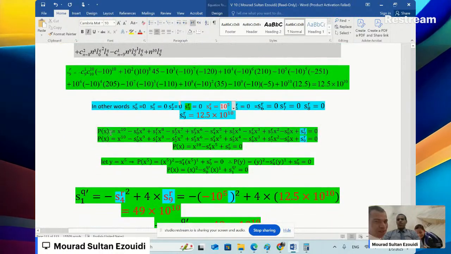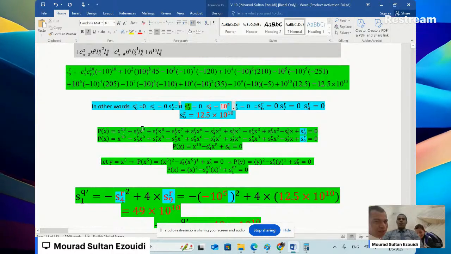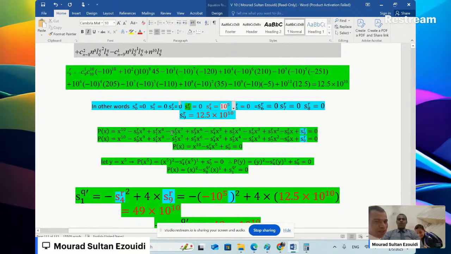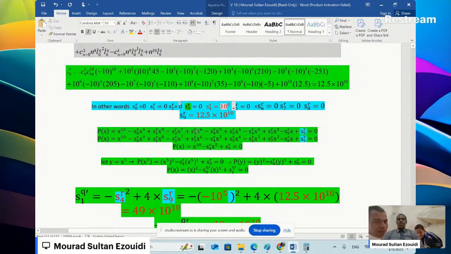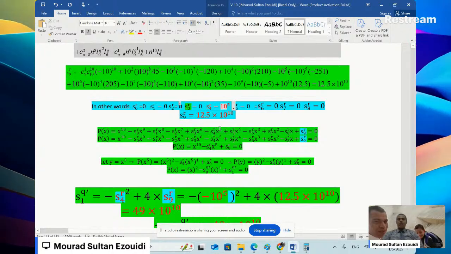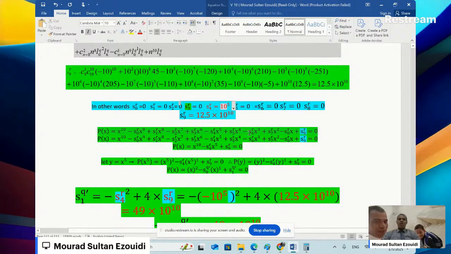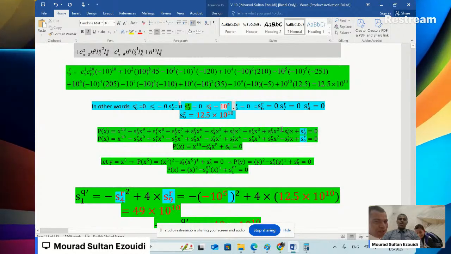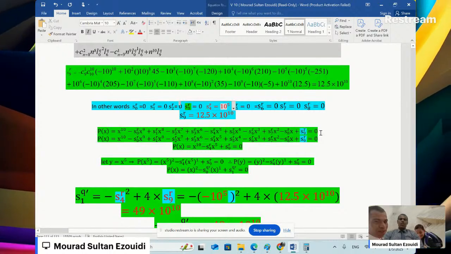P of x equals x raised to the power 10 minus S0 of order r, x raised to the power 9, plus S1 of order r, x raised to the power 8, minus S2 of order r, x raised to the power 7, plus S3 of order r, x raised to the power 6, minus S4 of order r, x raised to the power 5, plus S5 of order r, x raised to the power 4, minus S6 of order r, x cubed, plus S7 of order r, x squared, minus S8 of order r, x, plus S9 of order r, equal to.